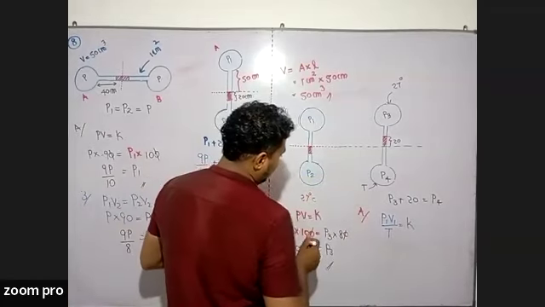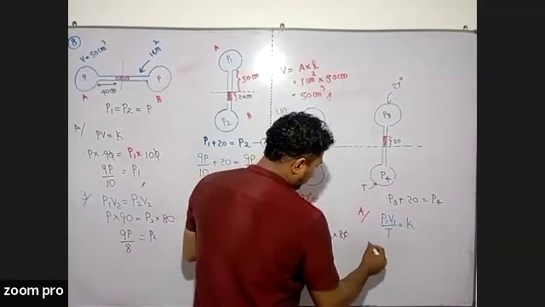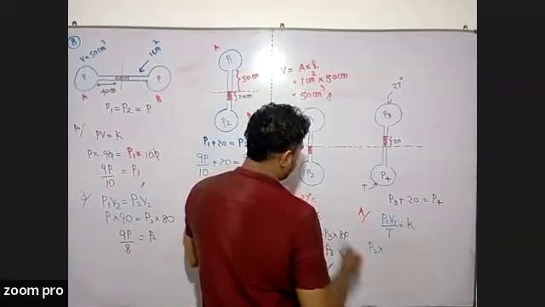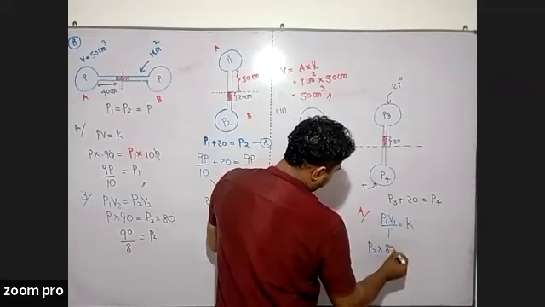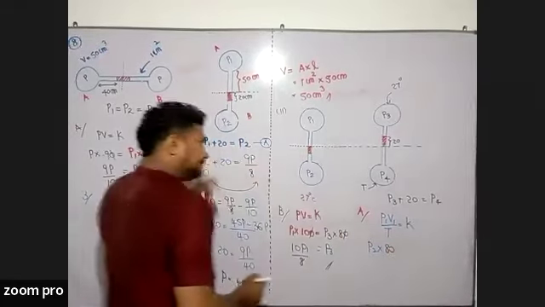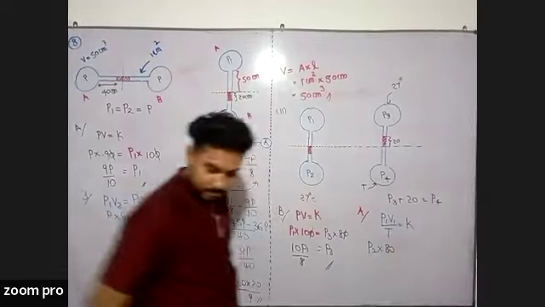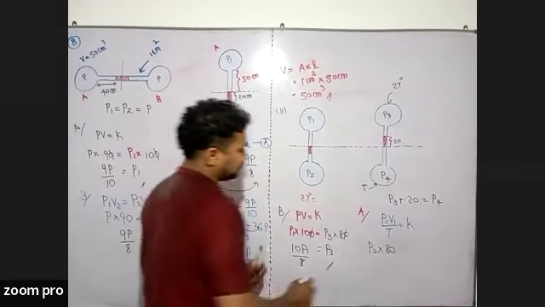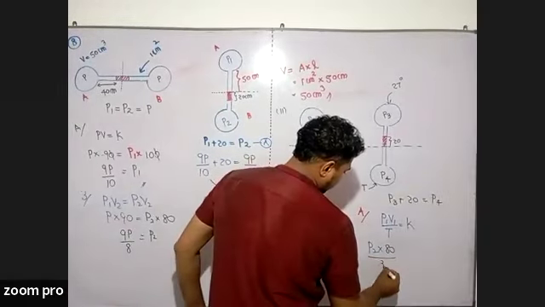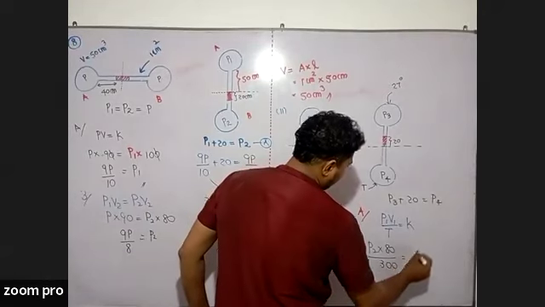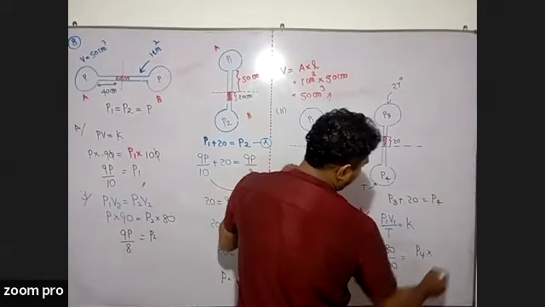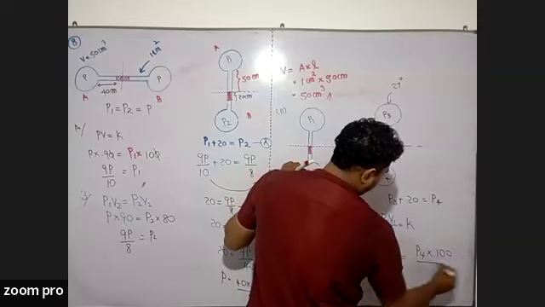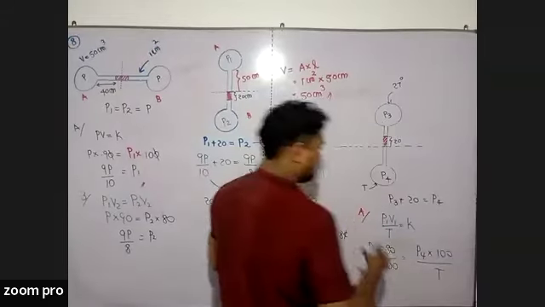In this instance, here P2 into volume 80 over 300. Here P4 into volume should be equal to 100, temperature is equal to T.